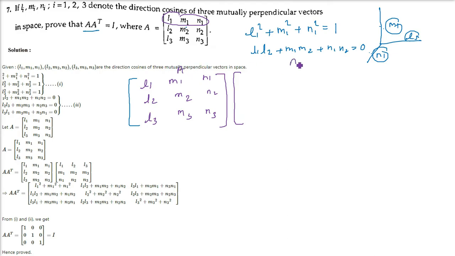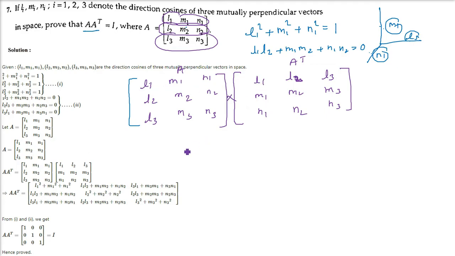This is A, this is A transpose. This is L1, M1, N1. Then we have L2, M2, N2, then the row changes to column L3, M3, N3. Now we have to take the multiplication and then apply the properties.